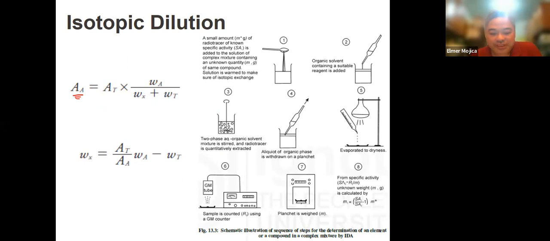But usually you fail to recover all of the analyte, and in this case your A of A is less than A of T. So the ratio of weights in this equation accounts for any loss of the activity that results from failure to recover all the analyte. If you solve this equation, this equation comes out, and usually this is what they use. And I have a sample problem here.